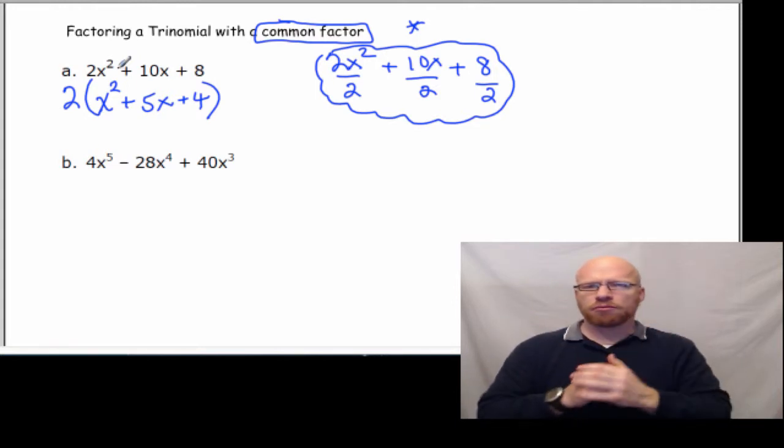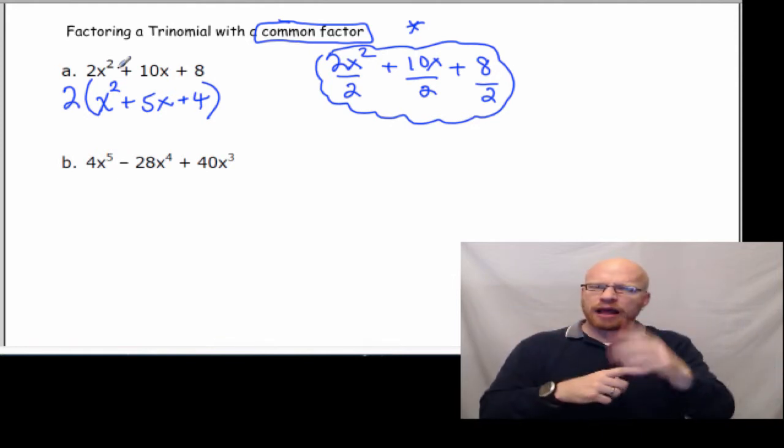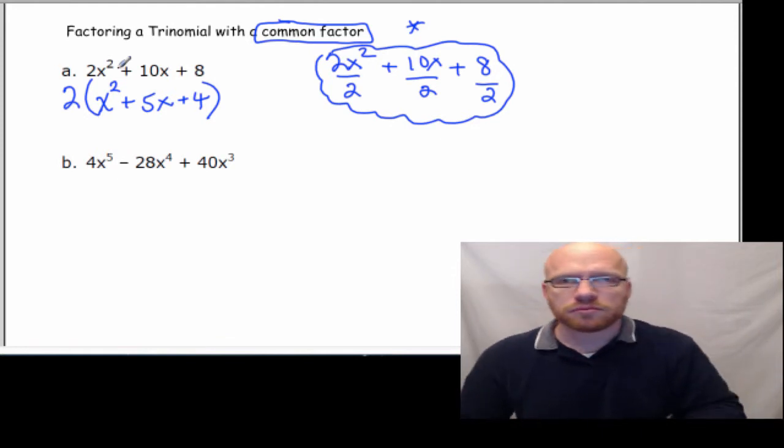Okay, so we have x squared plus 5x plus 4. Now the 2 is on the outside, and what's inside the parentheses, we know how to factor that.